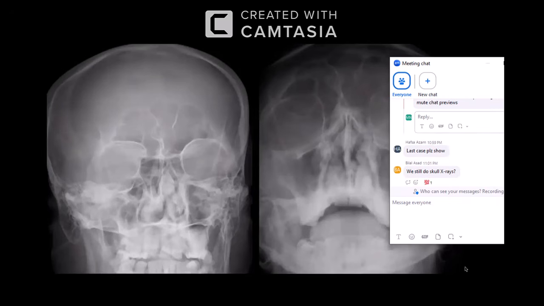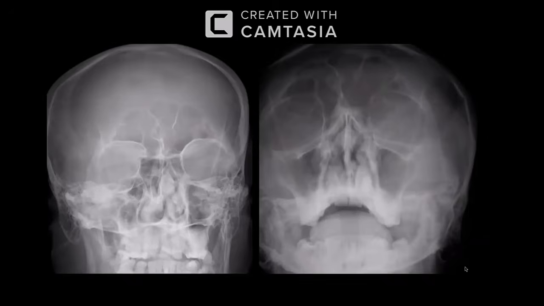So I can appreciate that the zygomatic bone appears unremarkable. Bilateral zygomatic bones are unremarkable, and there is a subtle lucency which is noted in the frontal process of the zygomatic bone on the left side. Okay.